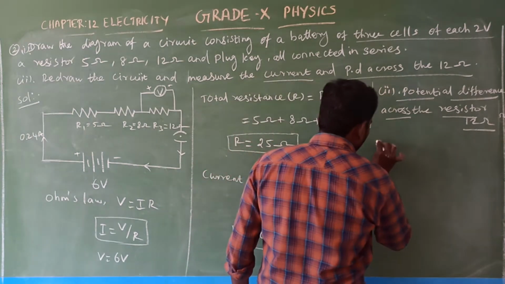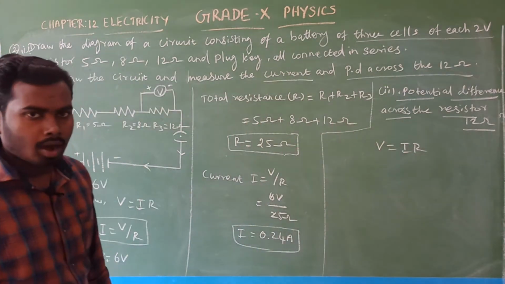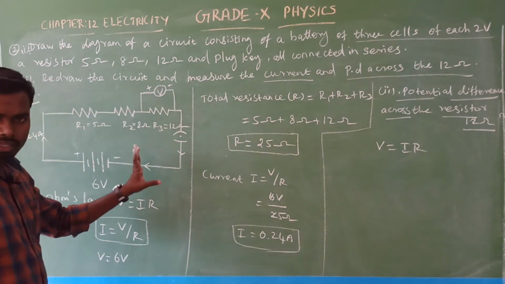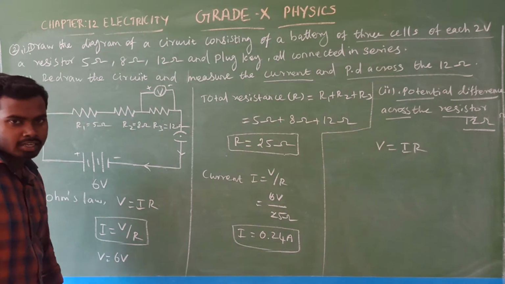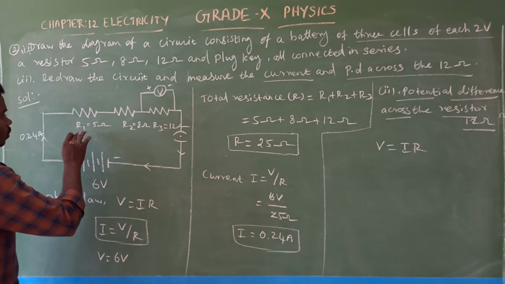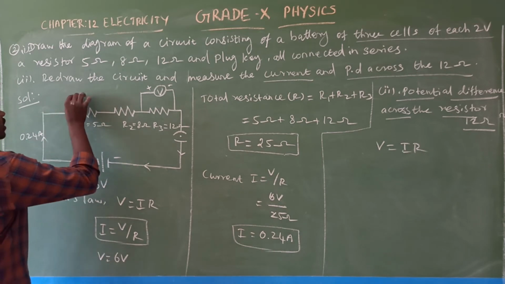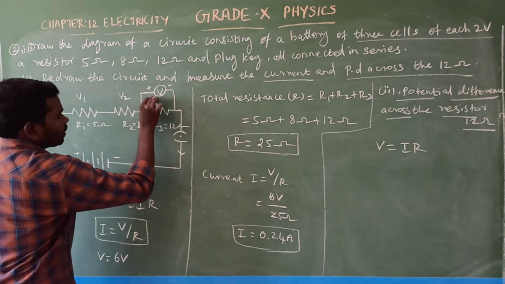Yes, same formula, V equal to IR, isn't it? So look at here, in series combination the potential difference gets distributed. Three resistors are connected in series. So across the resistor R1 the potential difference will be V1, and R2 will be V2, and R3 will be V3.